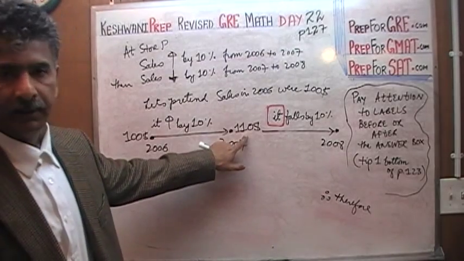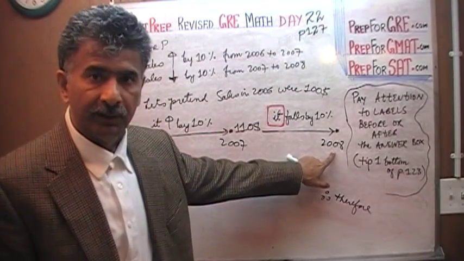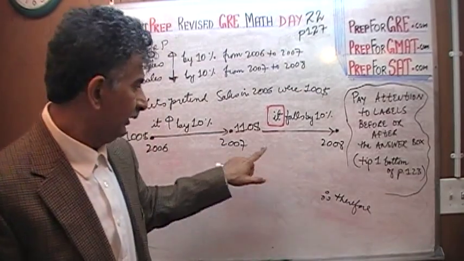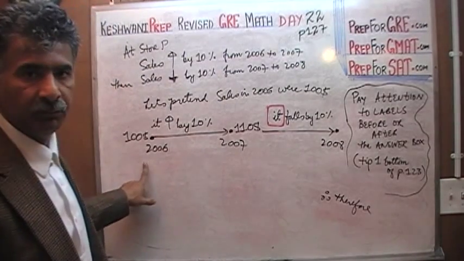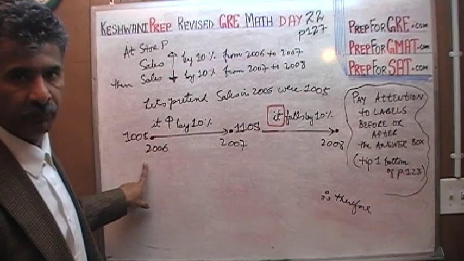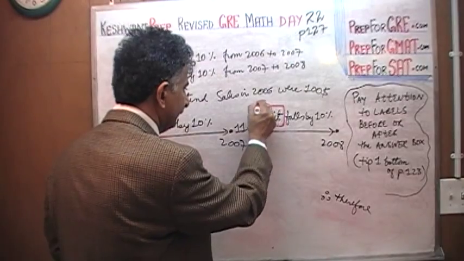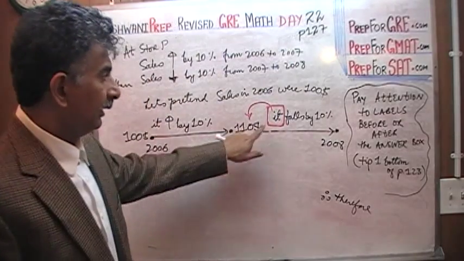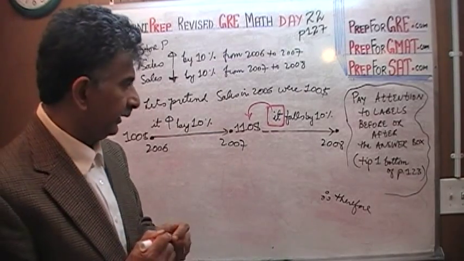It refers to 110, our point of reference now, going from 2007 to 2008. Our point of reference is the number that existed in 2007. The number that used to exist in 2006 is of no relevance at this point. So it is 110, and it here is this 110. It fell by 10%. What is 10% of 110?